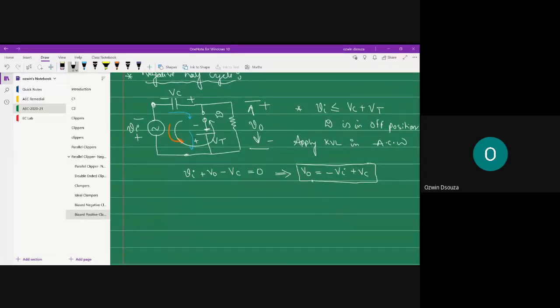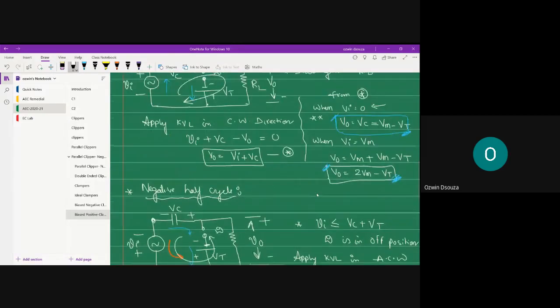V0 is equal to minus Vi plus Vc. So when your input is equal to 0, output as expected will be at Vc level. And what is Vc? Vc is Vm minus Vt.